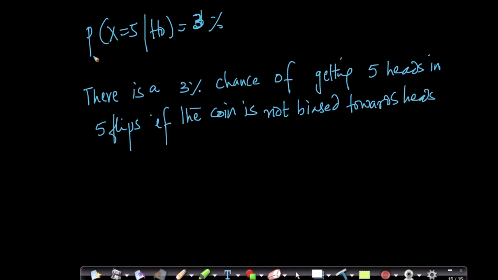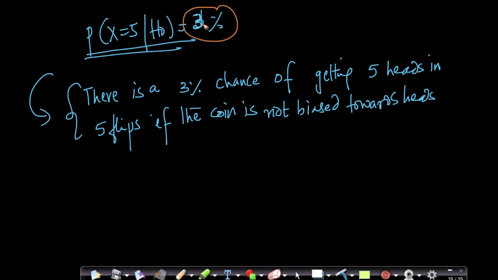I'm trying to read this in English, and you read it like this: there is a 3% chance of seeing 5 heads in 5 flips, given that the coin is not biased.